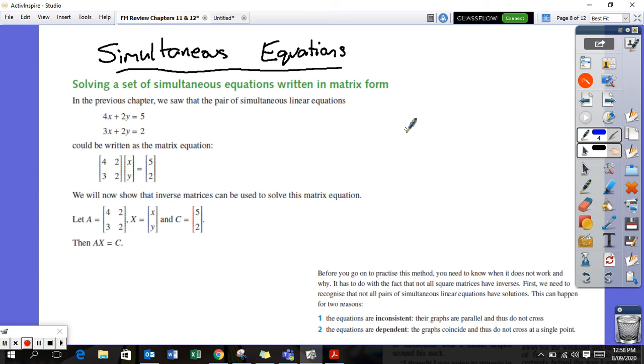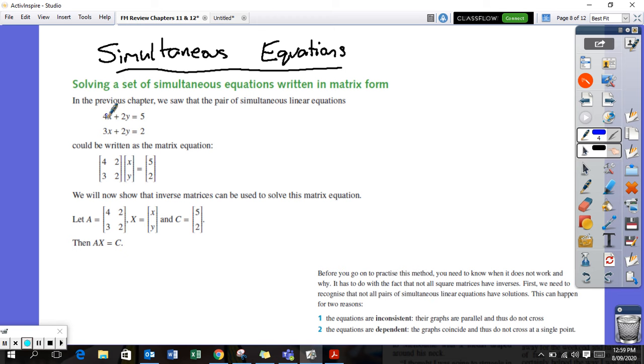Now we're going to have a quick look at simultaneous equations. These are an important one. I don't know what's on the exam, but I'll guarantee there is a simultaneous equation question on each of the exams. That's pretty much a given.